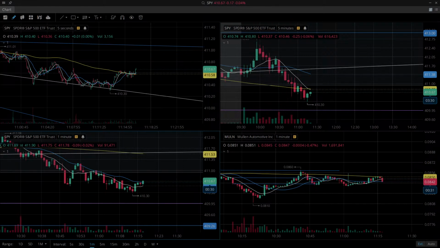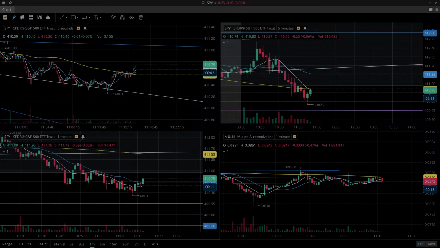Uh-oh, we're pushing the 20. Got the 8 period curling up to meet it. We could have a quick V bottom off of this. We have two trend lines.